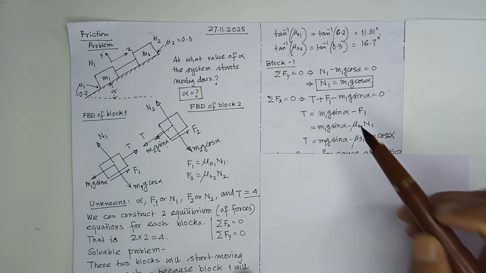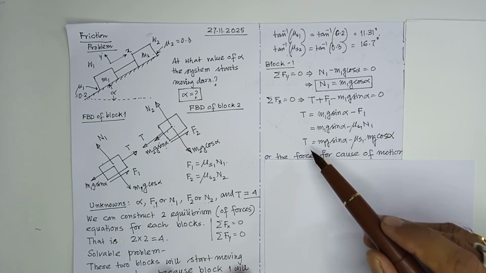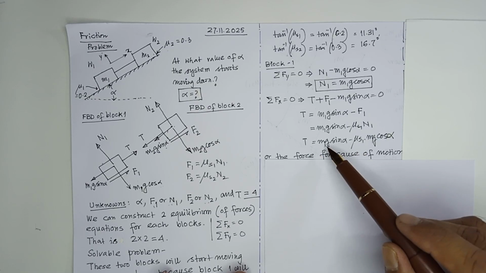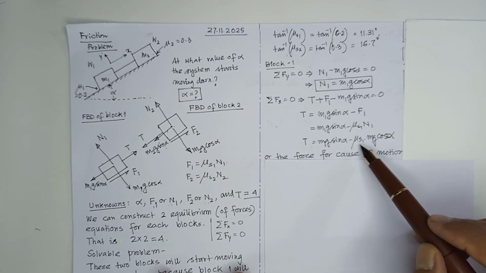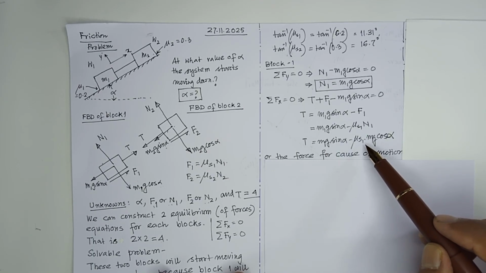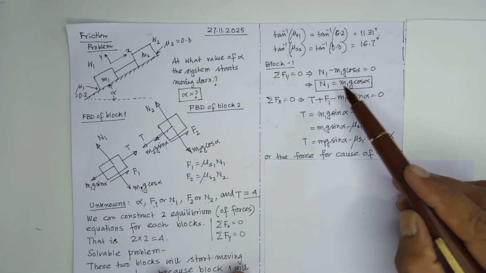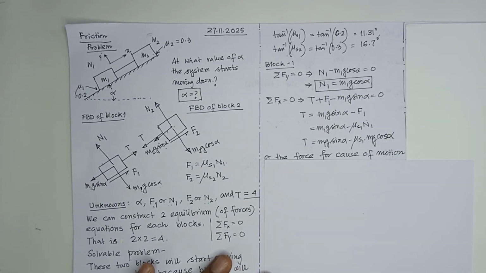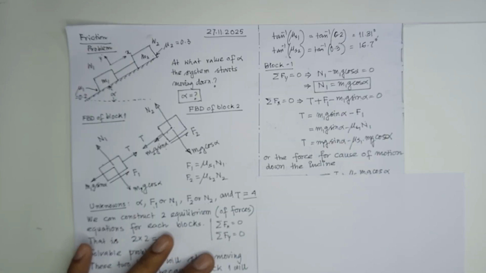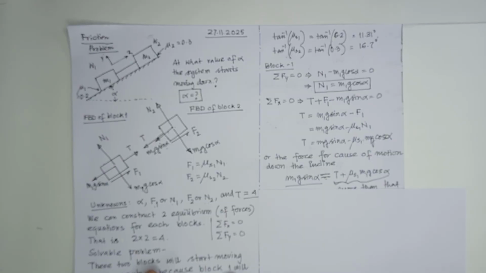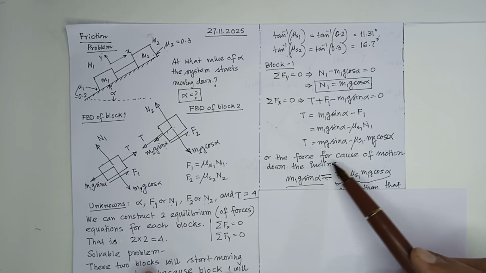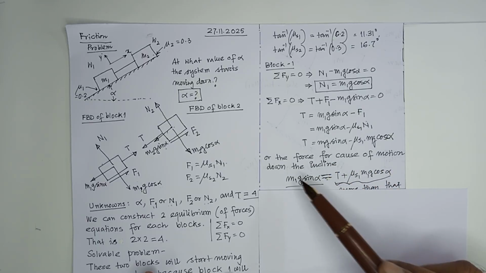Okay, next, we can calculate t in terms of mu s1 and alpha. So m1g sin alpha minus mu s1 m1g cos alpha, because n1 is this one. Next we will rewrite this and see it in terms of force for cause of motion down the incline.